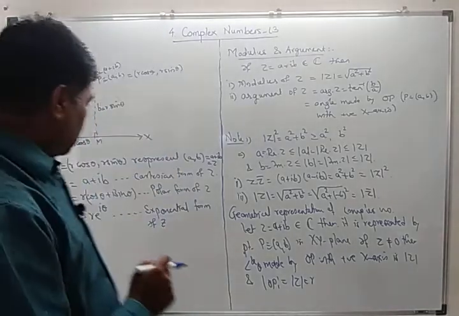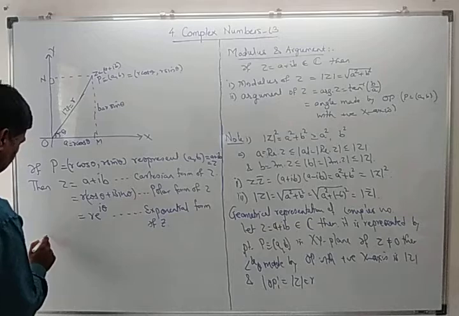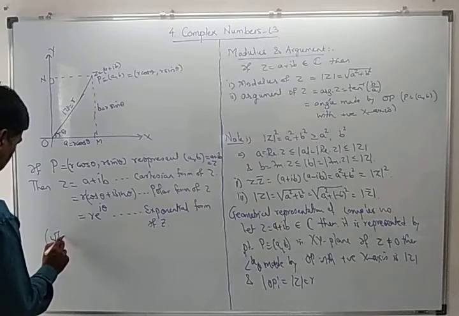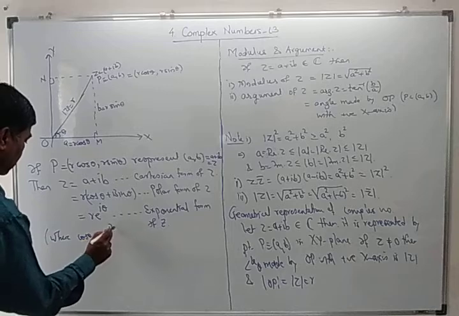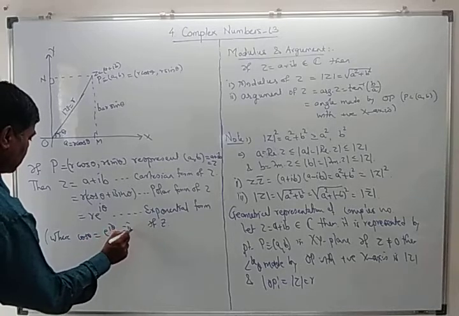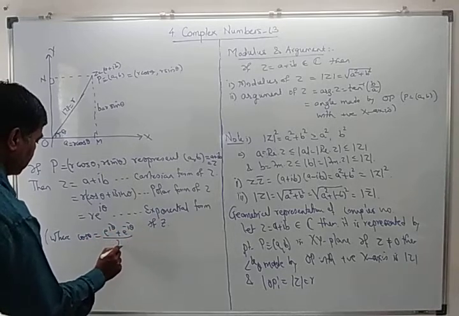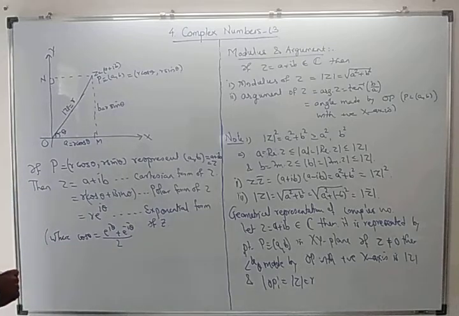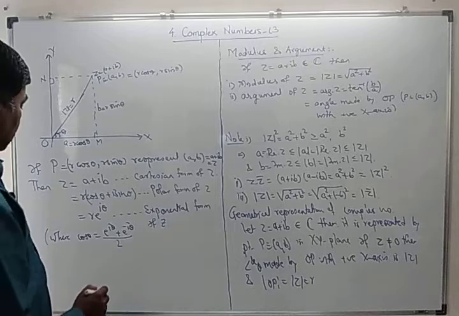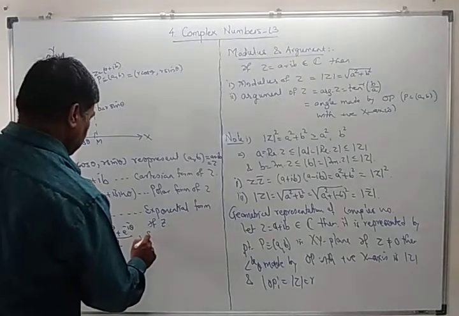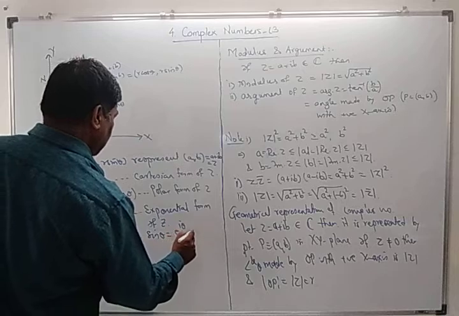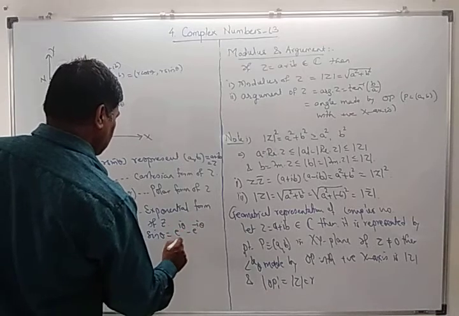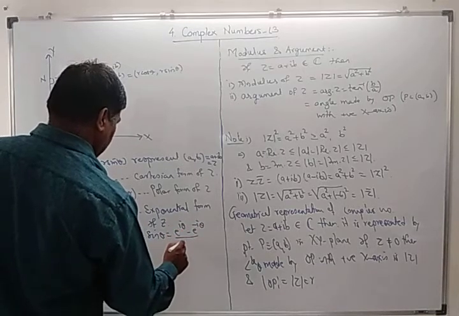Okay, where cos theta is equal to e raised to i theta plus e raised to minus i theta by 2, okay, and sin theta is e raised to i theta minus e raised to minus i theta by 2i.